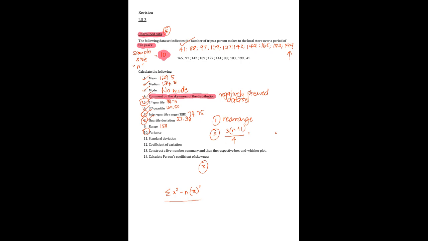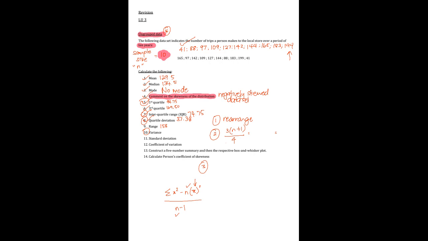So this is the calculation for your variance. That would mean that you need to have n, your sample size, here and here. You need to have your mean here, which you already did in question 1, and you need to have the sum of x squared.